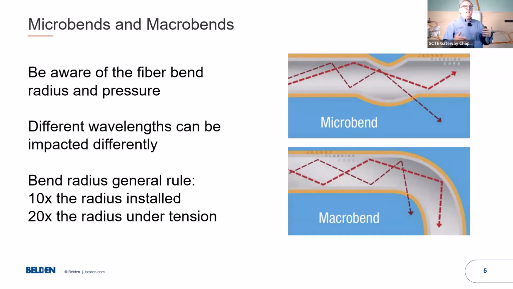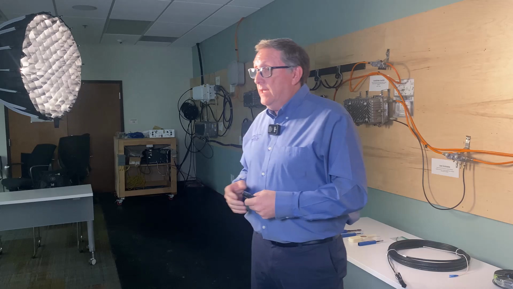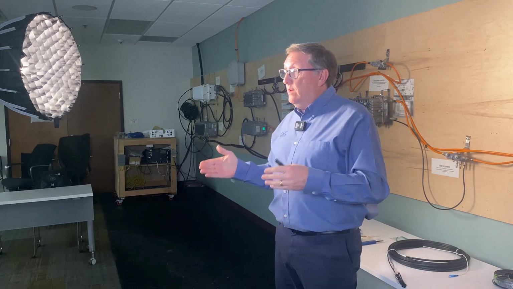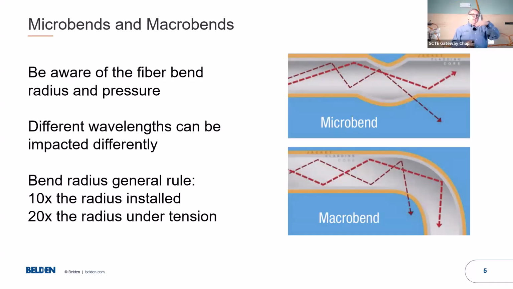You can have a splice case that's full of multiple muxed nodes and you only lose a few and a few keep working. Each wavelength going down the fiber takes a different path, and a small micro bend can distort that, like a suck out in RF that distorts some RF signals but not all of them, the same type of thing. So we have to be very careful of the bending radius and the handling of fiber.